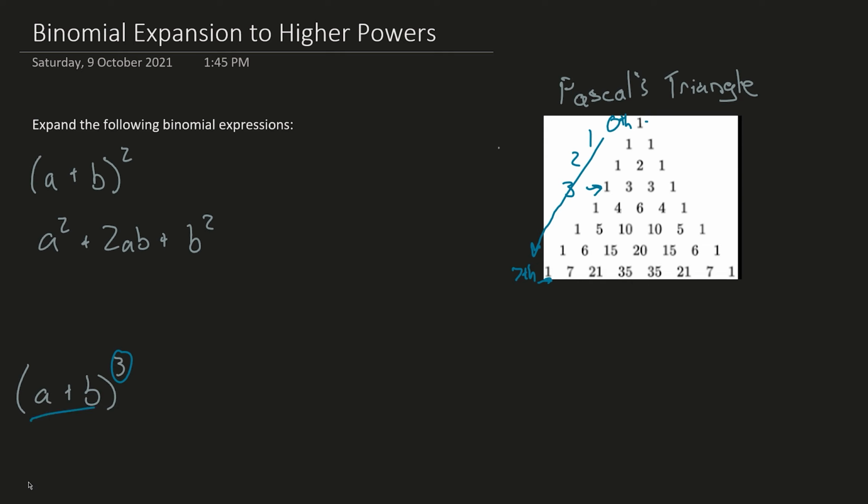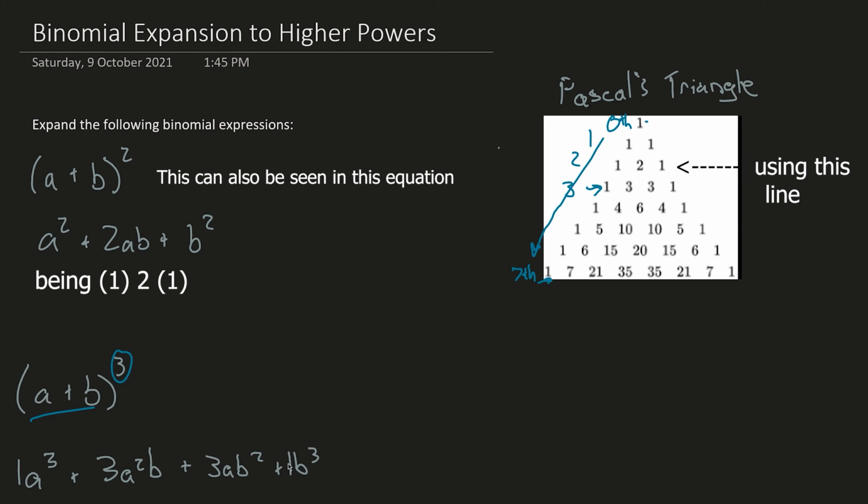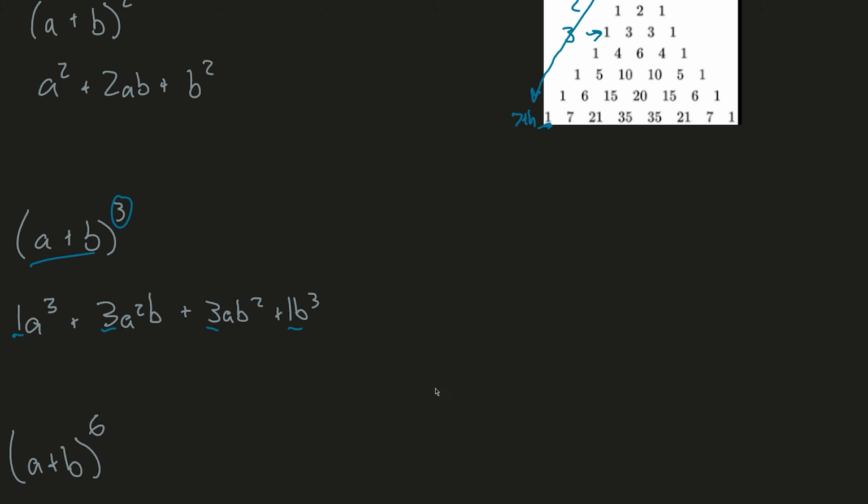The expansion of this ends up being a cubed plus 3a squared b plus 3ab squared plus b cubed. Now, if you imagine there's a 1 in front of both these pronumerals, you can see that these work in conjunction with Pascal's triangle, just like that. Pretty simple stuff.